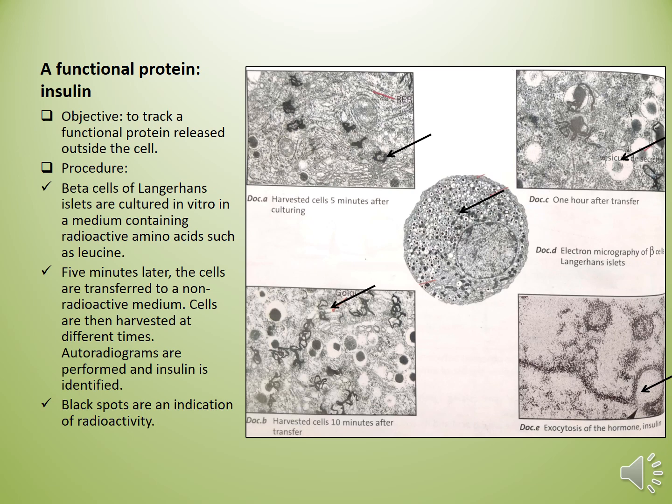After 1 hour, the radioactivity is shown in documents C and D inside the vesicles in the cytoplasm. And finally, document E shows the actual fate of the functional protein as the content of the vesicles is released to the outside.